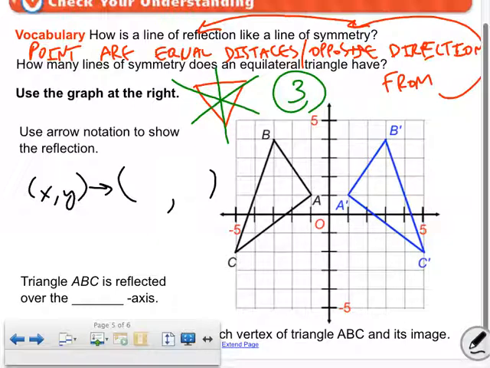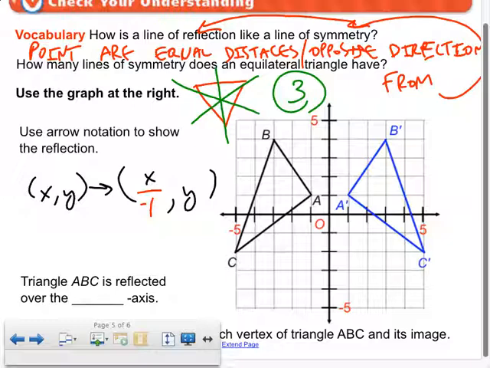What am I going to divide by -1? The x. So the x coordinate, you divide by -1. That's correct. Because if I have this C, it's -5. If I divide -5 by -1, what's that going to be? +5. Another way we could have written that was multiply by -1. The y doesn't change. It stays the same.